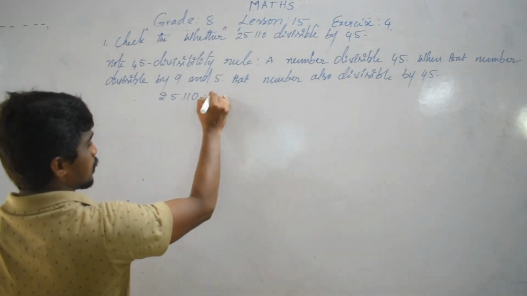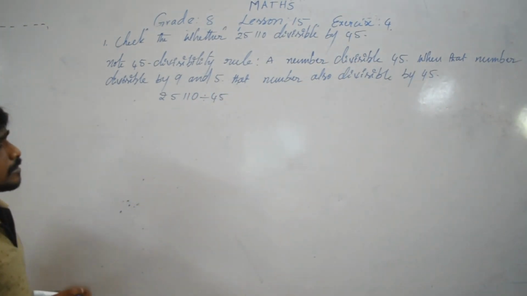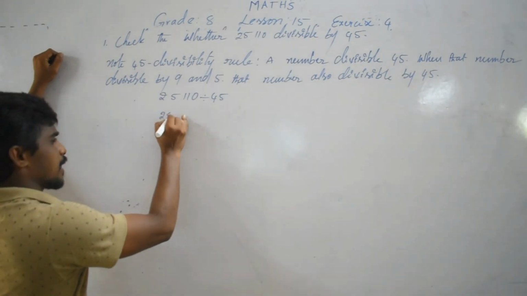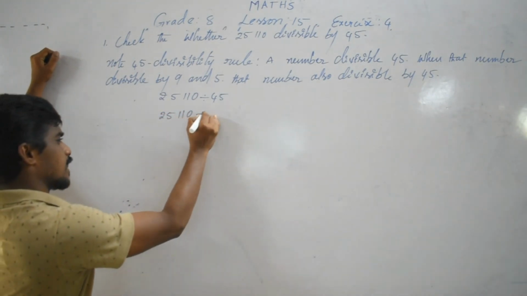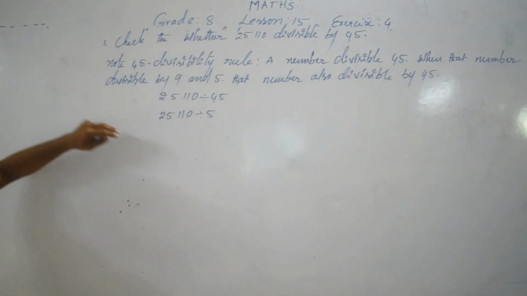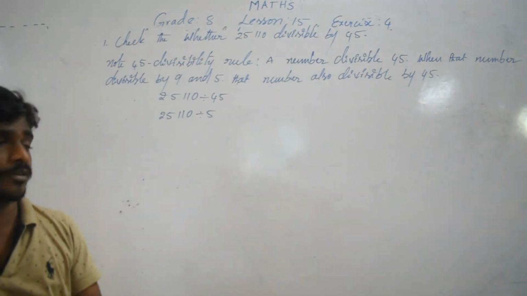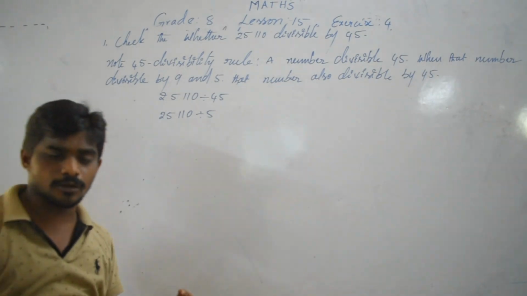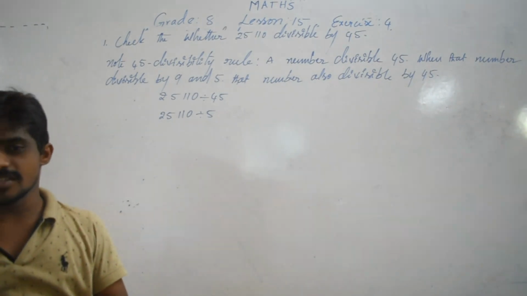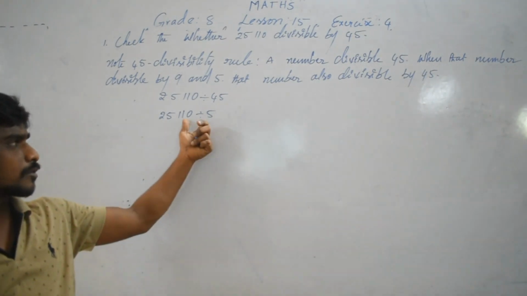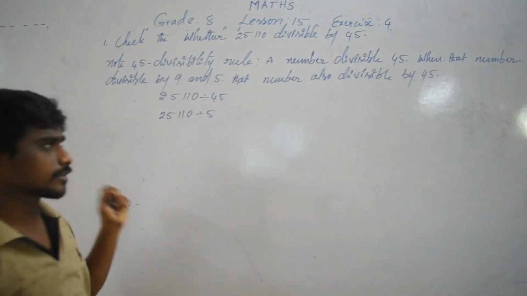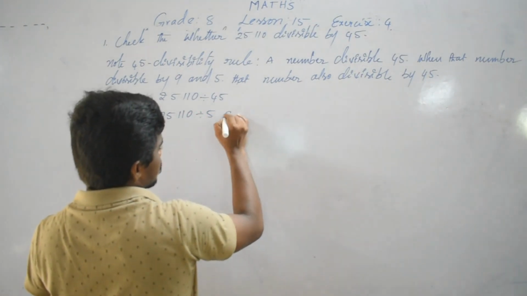So here, 25,110 divided by 45. First, 25,110 divided by 5. Divisible or not divisible? We know the 5 divisibility rule: if the ones place is 0 or 5, that number is divisible by 5. Here it is 0, so this number is divisible by 5.